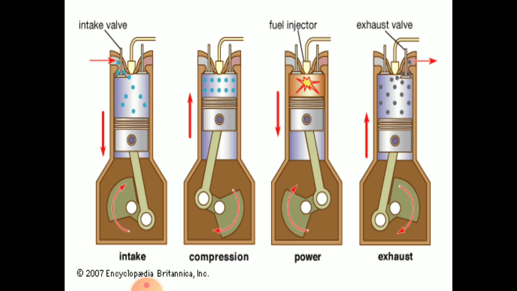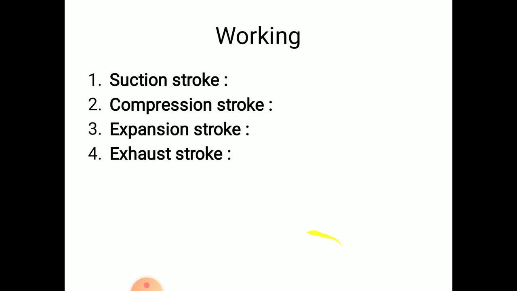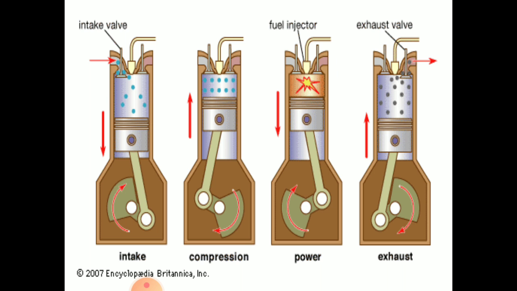That's why the expansion stroke is also known as power stroke. And last one is exhaust stroke. The exhaust valve is open and burn gases go out from the cylinder. That is the exhaust stroke.